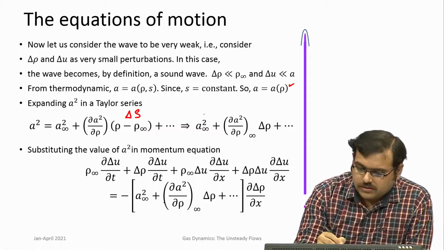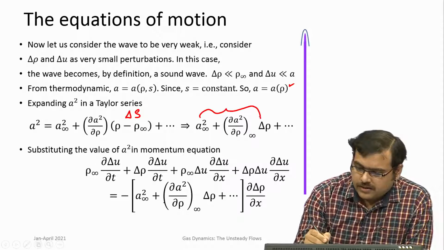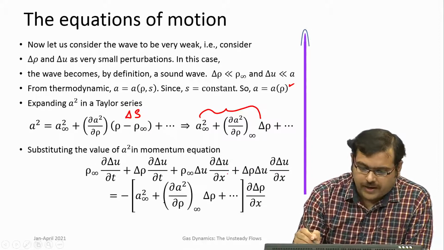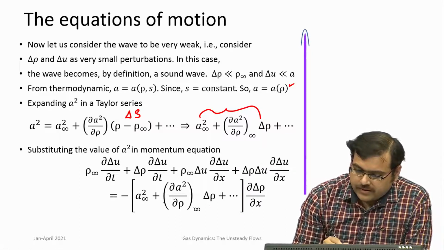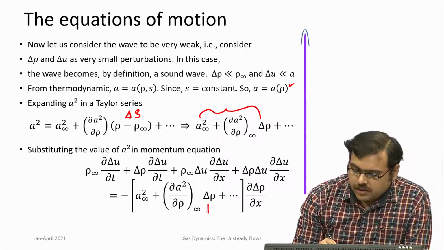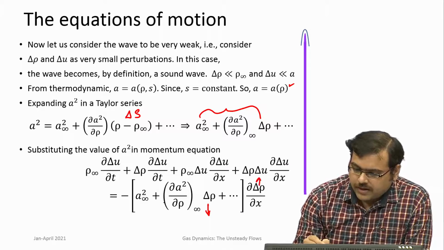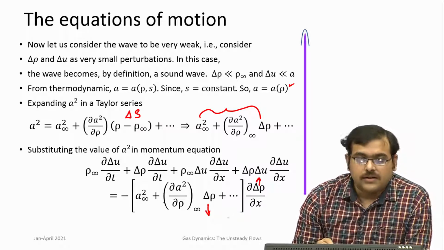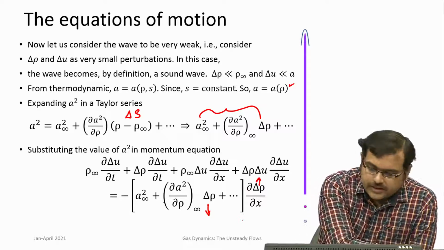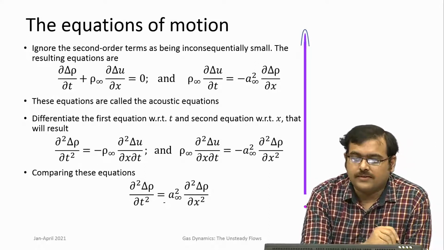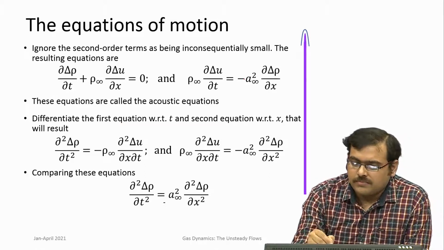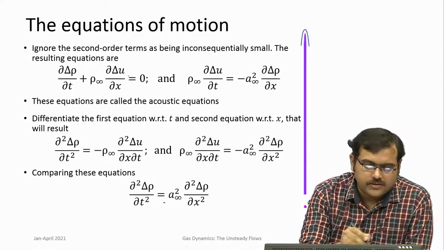Now, this term can be substituted for a squared in the momentum equation. But again, once you carry out the multiplication, you have a small quantity delta rho multiplied by another small quantity ∂(delta rho)/∂x, so they are again very small. So finally the most significant term of the momentum equation is minus a infinity squared ∂(delta rho)/∂x.